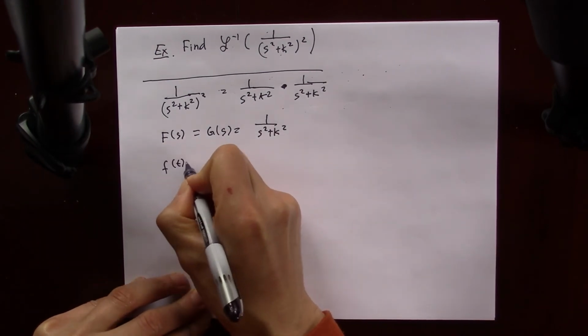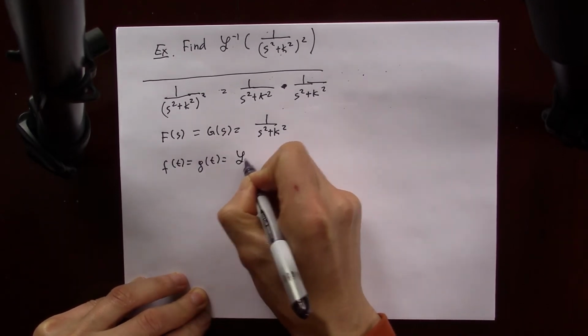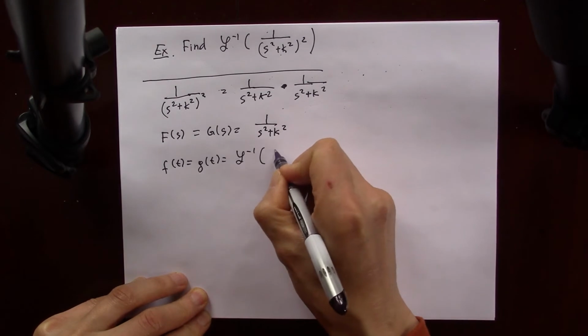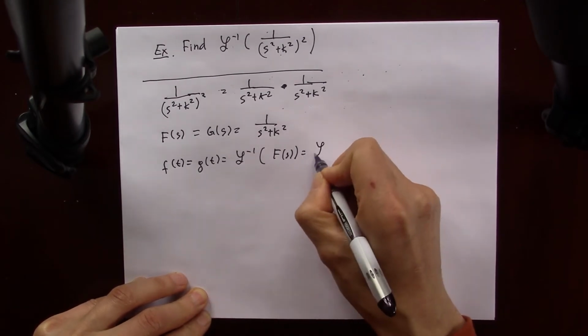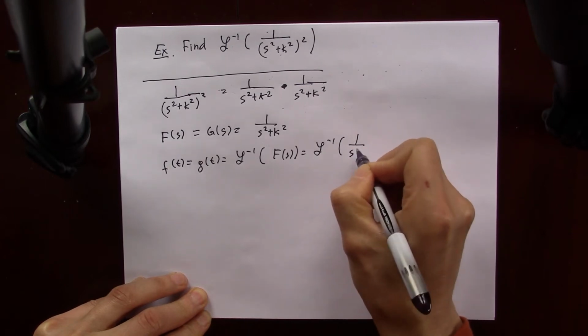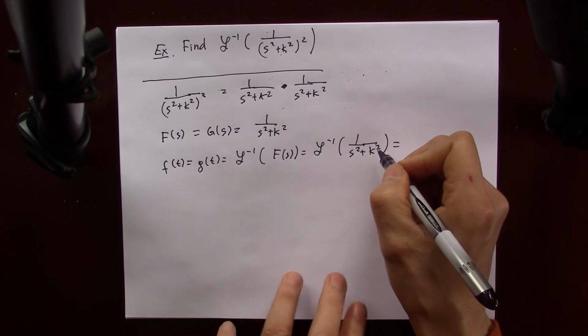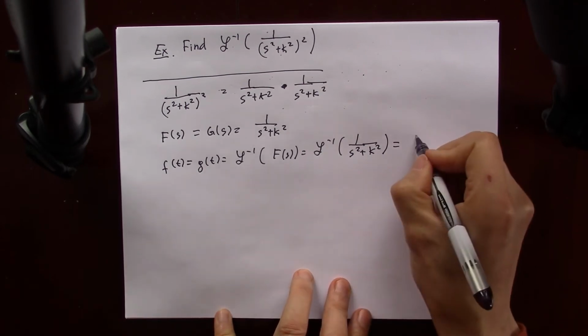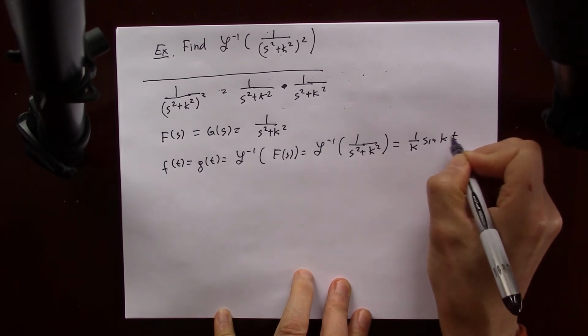Little f and little g are going to be Laplace inverse of capital F and capital G correspondingly. So we're going to take Laplace inverse of 1 over s squared plus k squared, and that is going to be 1 over k sine of kt.